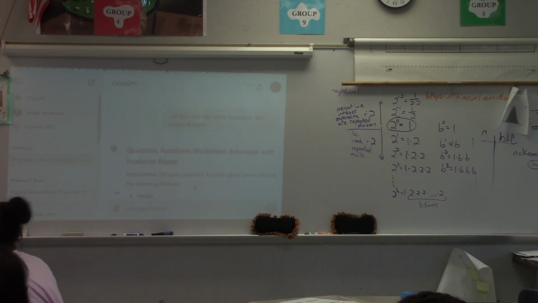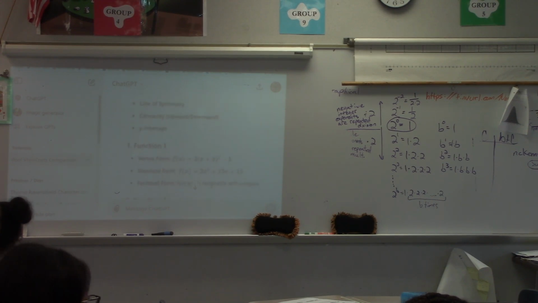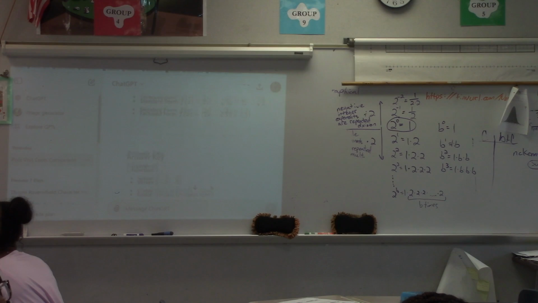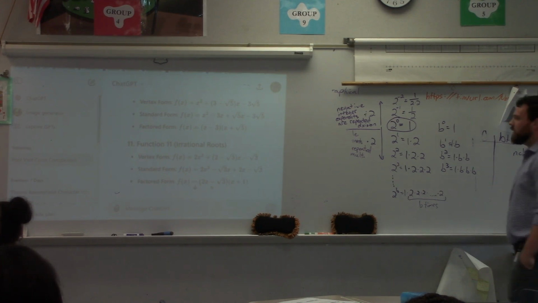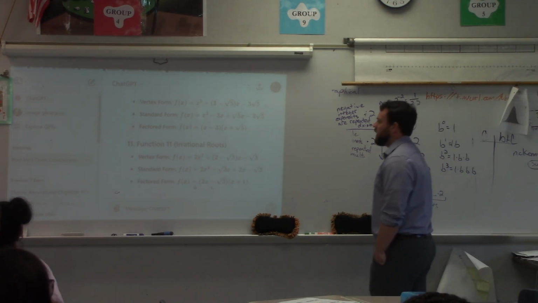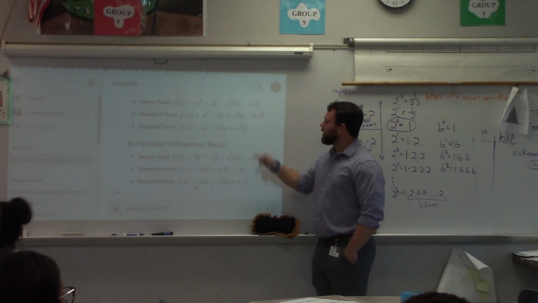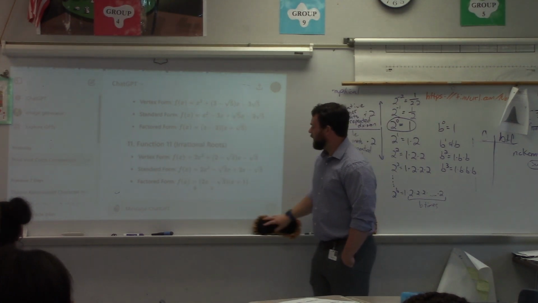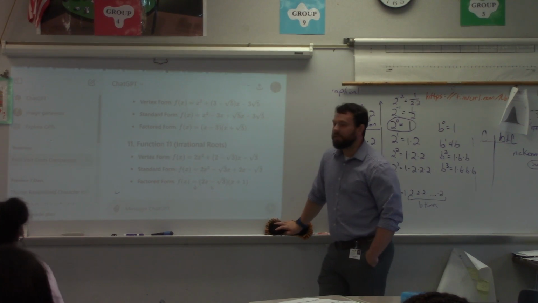But, all right, can you now add some quadratics with irrational roots? Again, hopefully that makes you know that term, but it's possible you don't. But here's what I found out. I got to the end of the ones with irrational roots that it created. And ChatGPT is not infallible, meaning it can make mistakes.